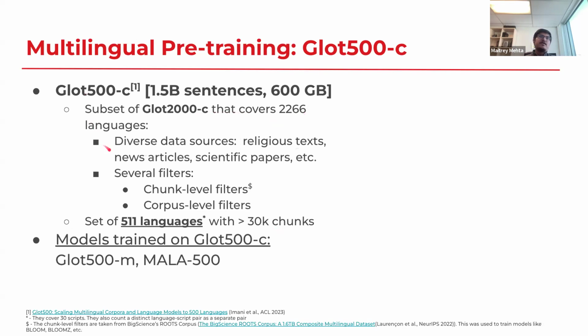This particular corpus differs from MC4 in a few different ways. For example, they have a very different source of data. MC4 is purely the internet, but Glot 500 also incorporated religious texts and other things that are undersampled on the internet. And they use different filters and quality checks to filter out noisy text.